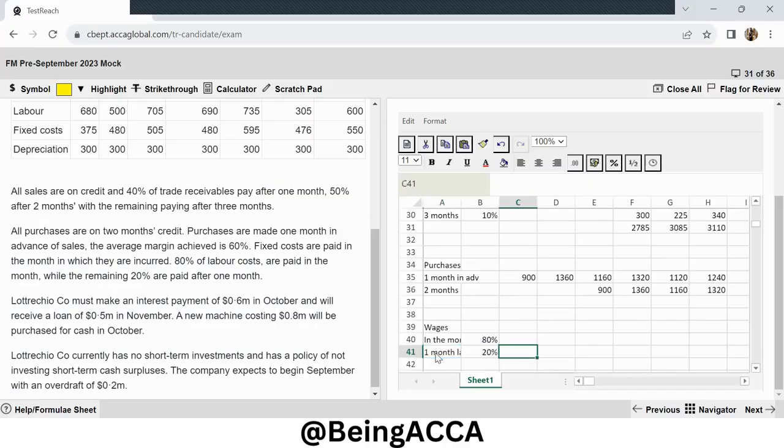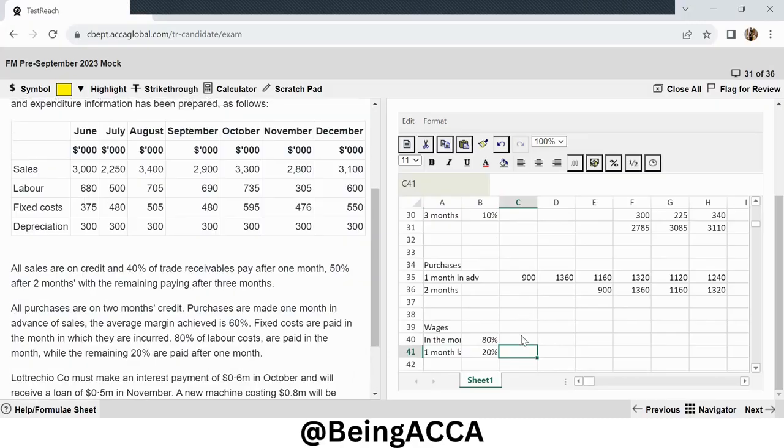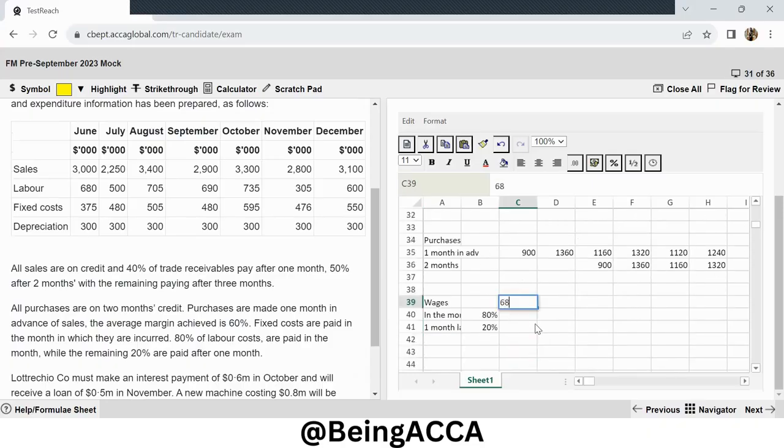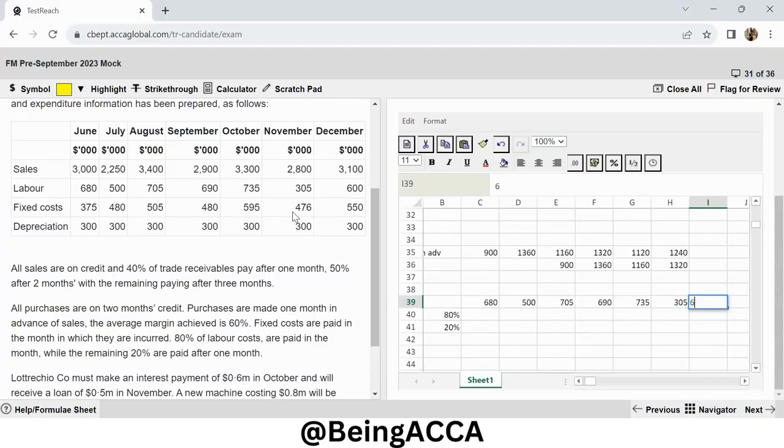So we can just put our values over here. For labor, for the month of June, my wages are supposed to be 680. Yes, this is the column for June, so 680. I'm just copying the figures from over here: 500, then I have 705, then I have 690, then I have 735, 305, and 600.